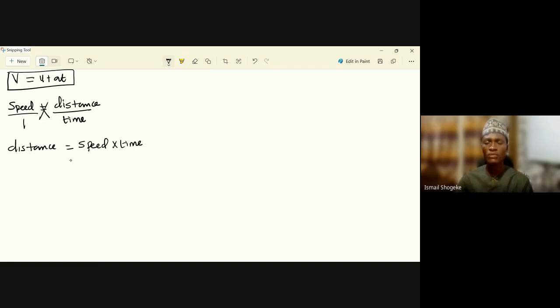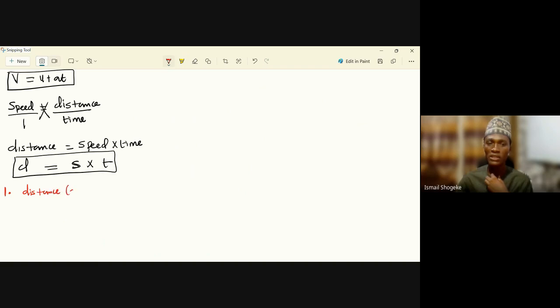Now, distance can be represented as d from the first letter, speed can be represented as s, and time can be represented as t. This is the formula we are going to work with, but we can't just work with this formula. We need to do some transformation. The first transformation is distance, which is d.